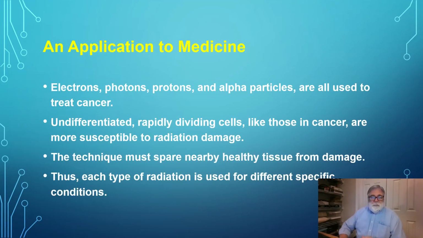Because radiation damages the cancer more than it does the healthy tissue, we can use techniques to kill the cancer cells and spare the healthy tissues nearby. And so we're going to talk about the physics we just learned about the interaction of radiation with matter, and how that applies in this situation, how it's used to help make these treatments work.